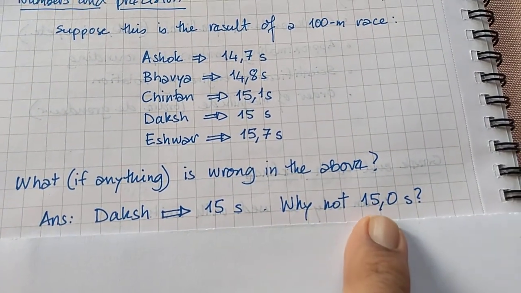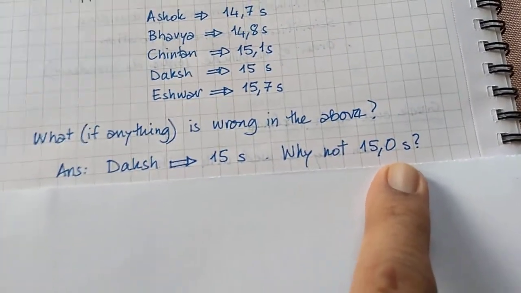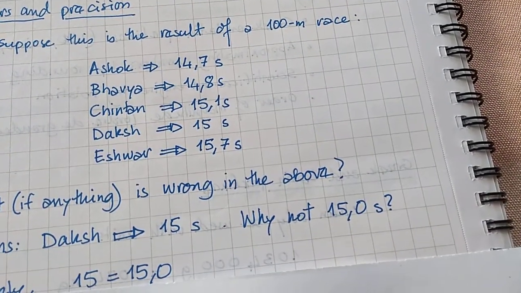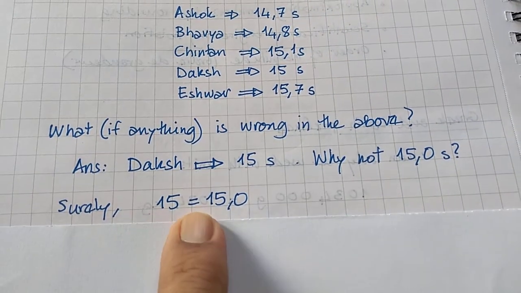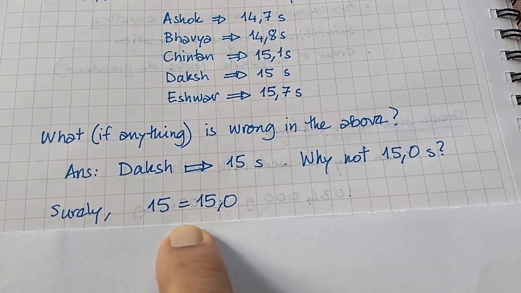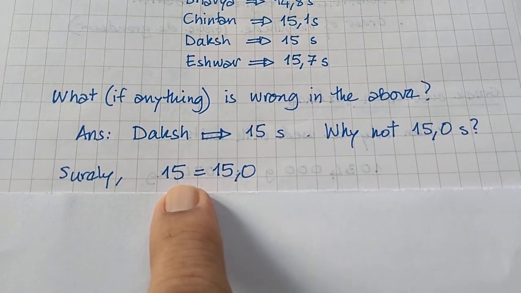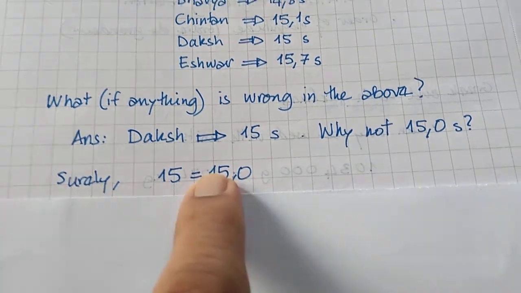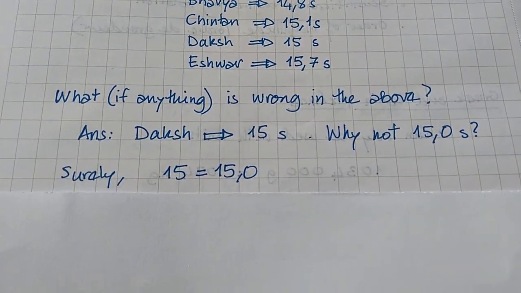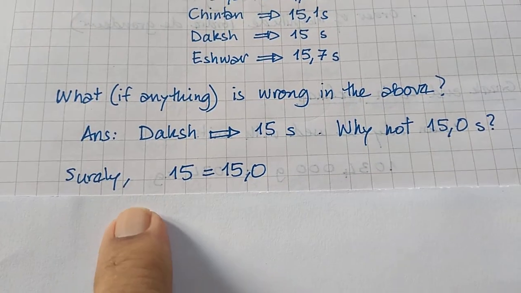Why is timing not written as 15.0 seconds? Surely 15 is equal to 15.0. I mean, you're beginning to wonder how can I say that 15 is not equal to 15.0, but bear with me, we will come to why it is not always so.